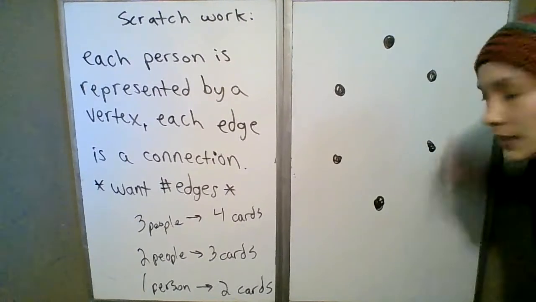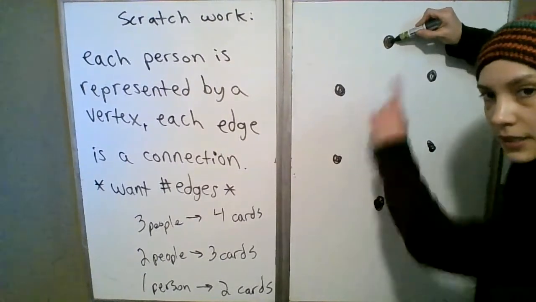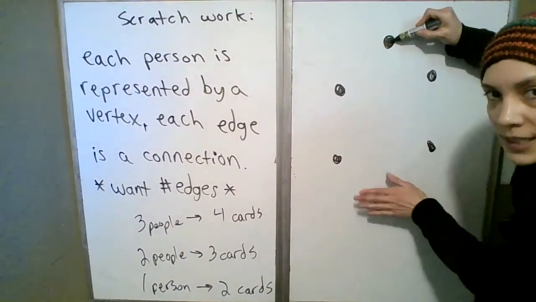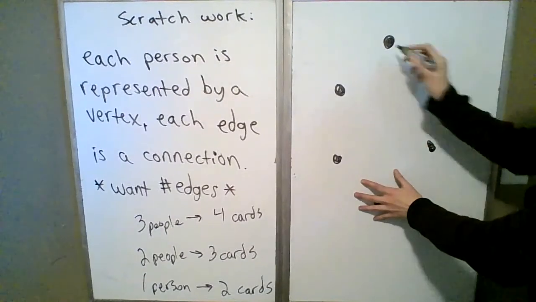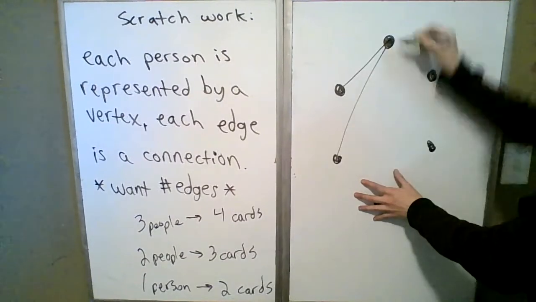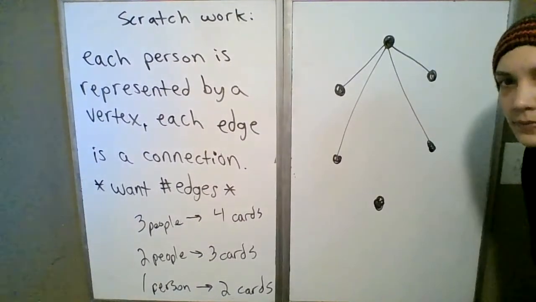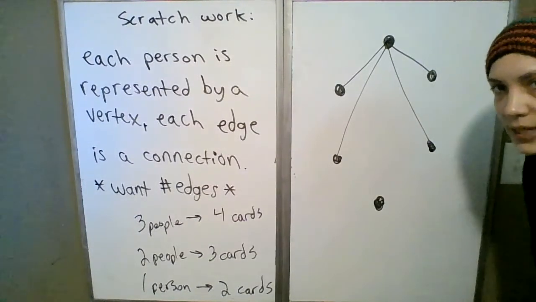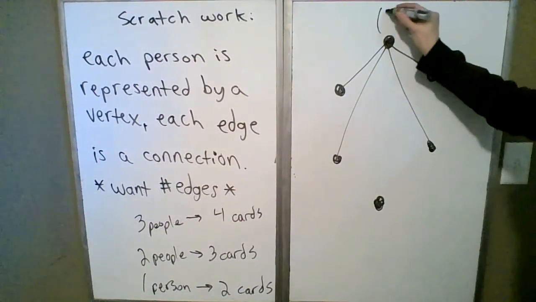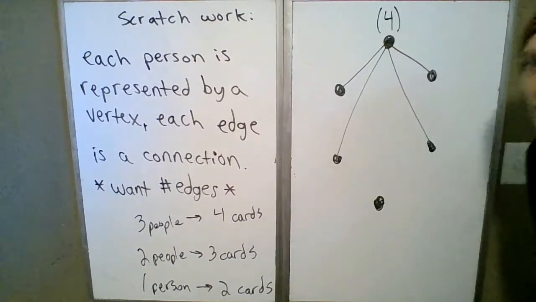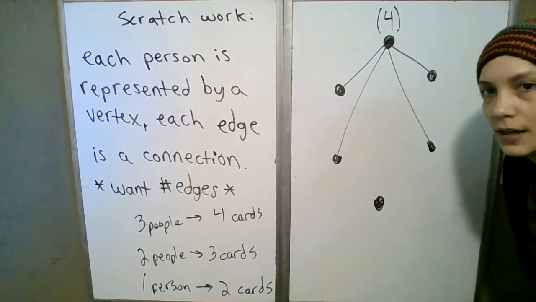The person here is going to get a card from all of the people here except the bottom one. So we're going to connect like this. And label that we've got 4 cards going to that person. 4 connections.